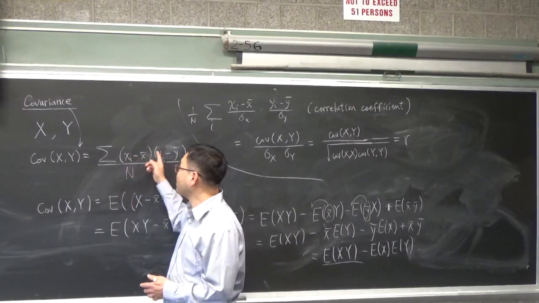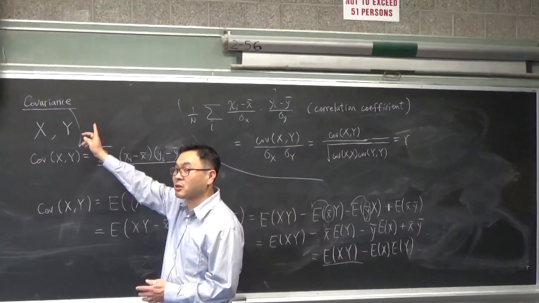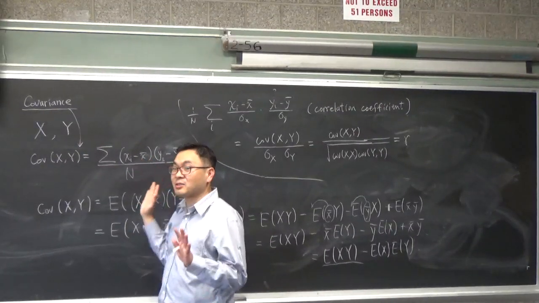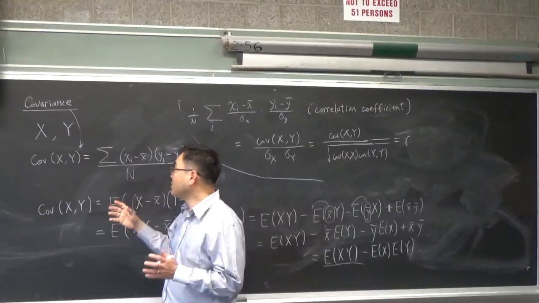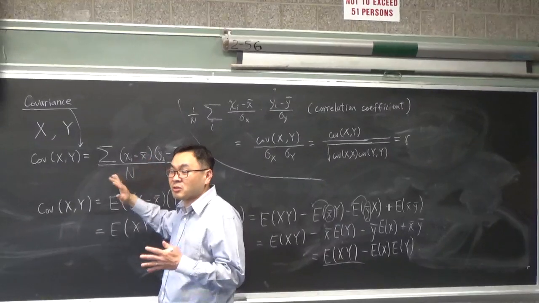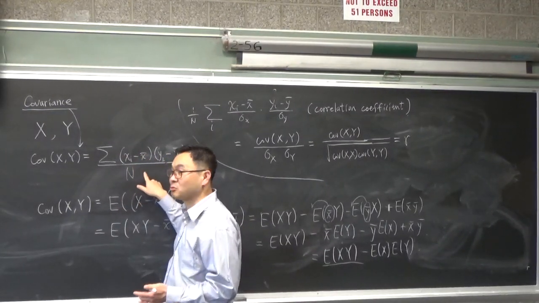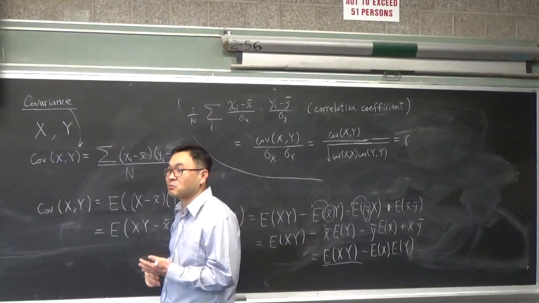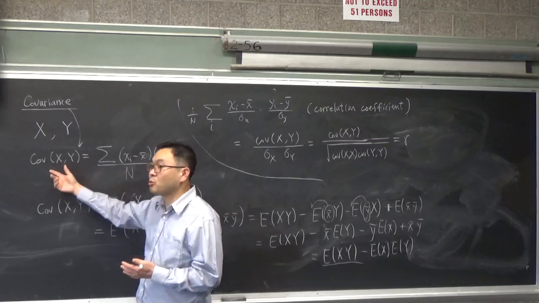If what you have here is to estimate the population covariance of two random variables x and y, and the population one cannot be obtained, or you don't have it, you just have a sample, then same story, the sample won't be a good approximation. You have to modify it by n minus 1, and then it becomes a better approximation. Okay, so there's also Bessel correction applied to the covariance as well.